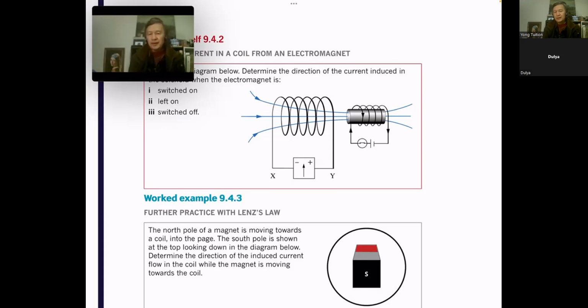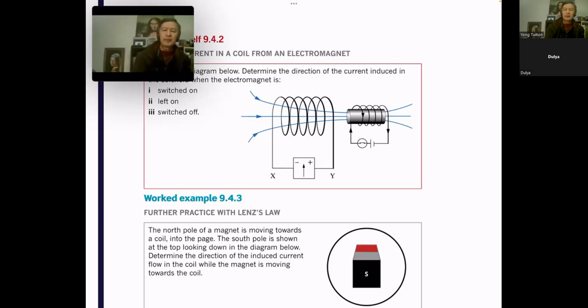Now, in this case, according to Lenz's law, what would be the direction of the induced current? It would be towards the right. Now it's hard to communicate.